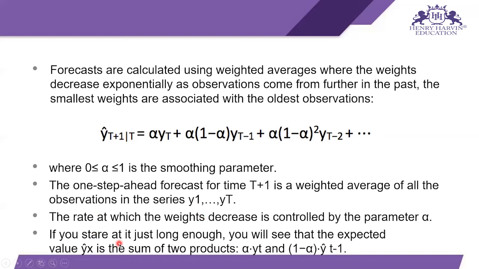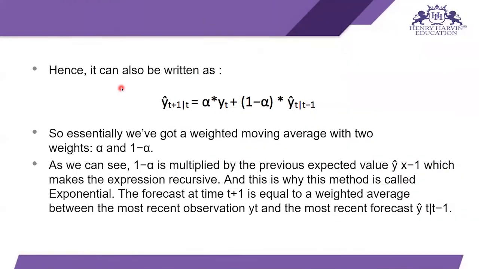If you stare at it long enough, you will see that the expected value y hat is the sum of two products, alpha y t and 1 minus alpha times y t minus 1. Hence it can also be written as y hat t plus 1 given t equals alpha times y t plus 1 minus alpha times y hat t given t minus 1.